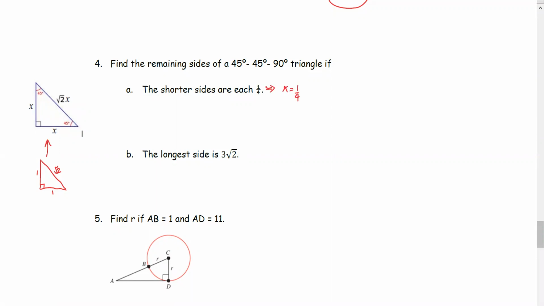So the remaining side, or the hypotenuse, or the side c, is square root 2 times x, or square root 2 times 1/4, or square root 2 over 4.